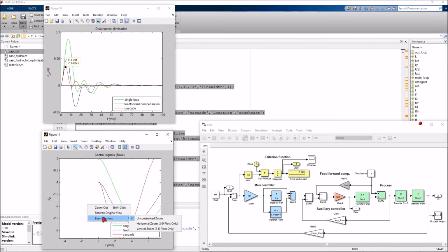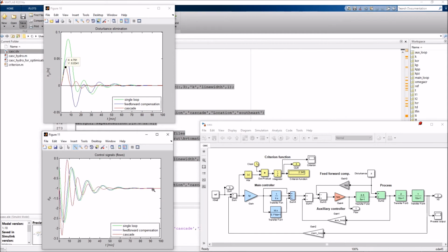And this is also the stationary value. So the beginning value is the same as a stationary value, and this is the reason why cascade control and feed-forward compensation methods are so successful for the disturbance rejection.